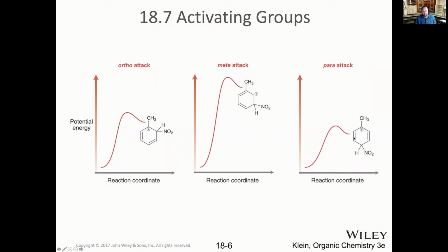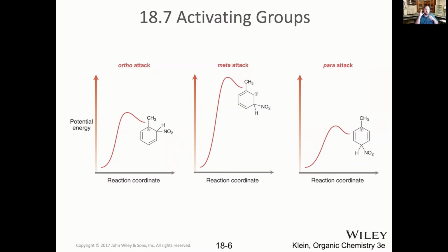So if you look at all these examples, it's always the carbocation intermediate, or the sigma complex, that's closest in energy to that transition state. So however stable those structures are relative to each other, that is going to be observed in the transition state, and thus it's going to affect the rate and favorability of that pathway.